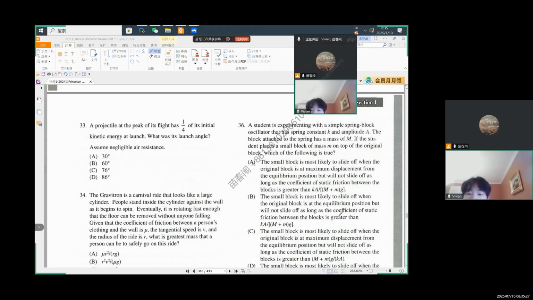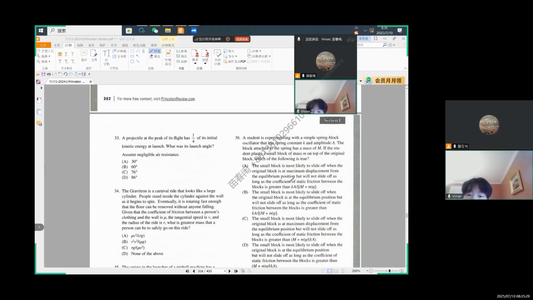Simple spring block oscillator that's being given amplitude A. The block is attached to... Oh, it's this one.